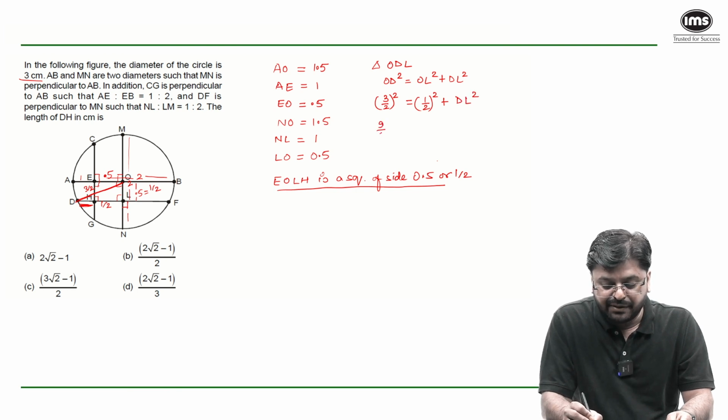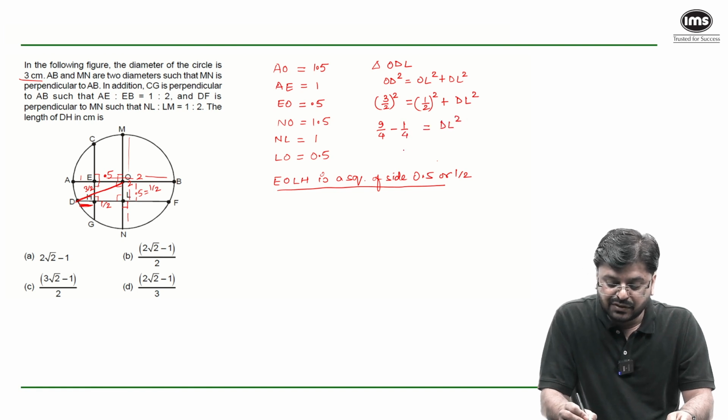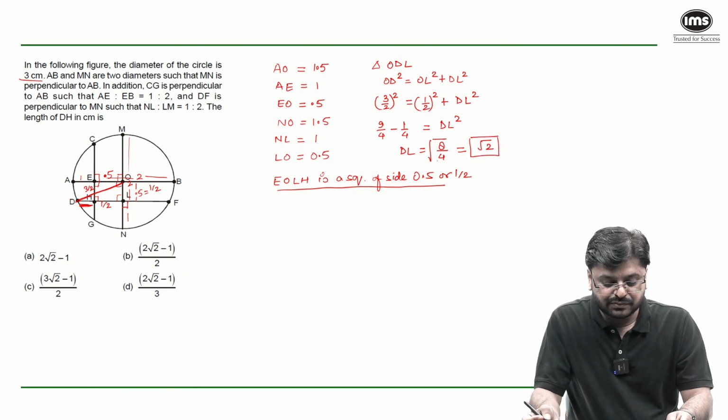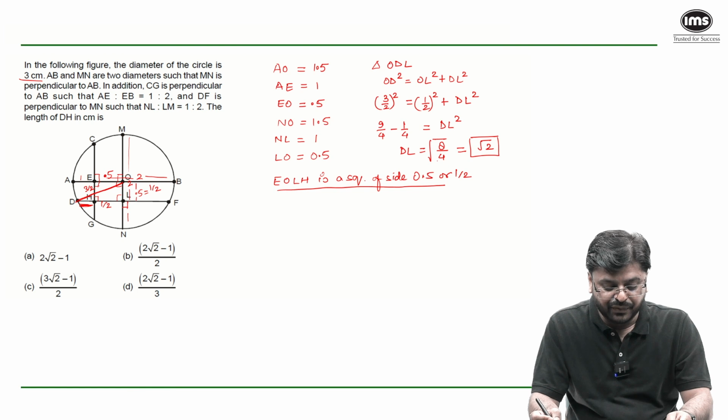This is 9 by 4 minus 1 by 4 equal to DL square, or DL equal to under root 8 by 4, or under root 2. Okay.